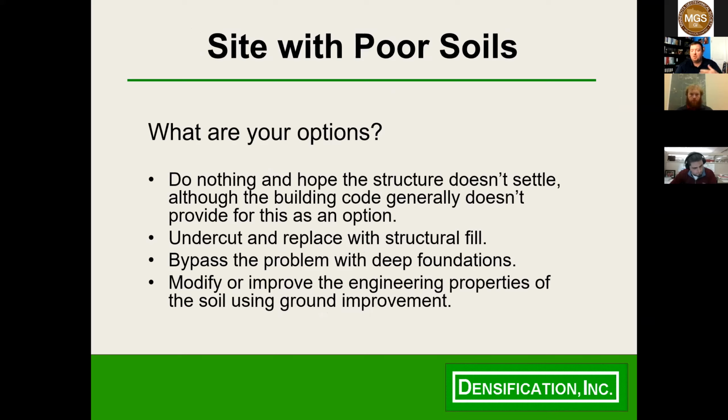If you've got material that can be reused readily, maybe that's okay. But if it's landfill or contaminated, disposing of that kind of material can be pretty costly. You can go the deep foundations route and bypass that layer altogether. Or you can get into ground improvement, and modify the soils to make them suitable to support whatever structure you're building.